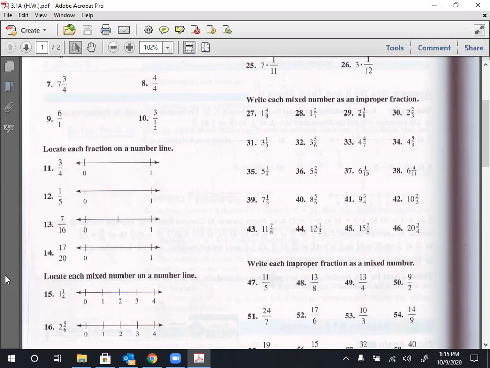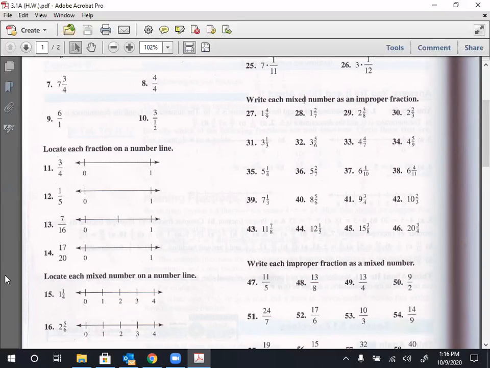Take your time. Seven times 5 is what? I can't think of it in my head.